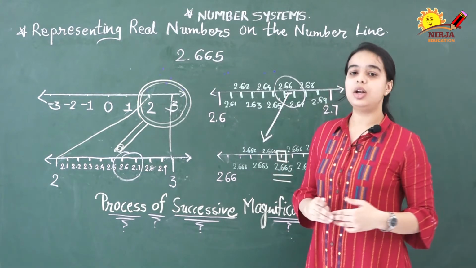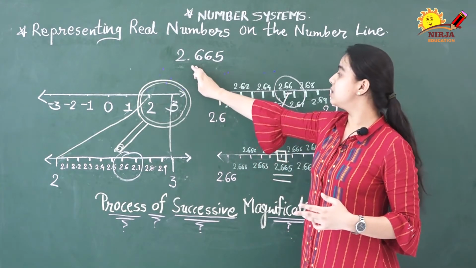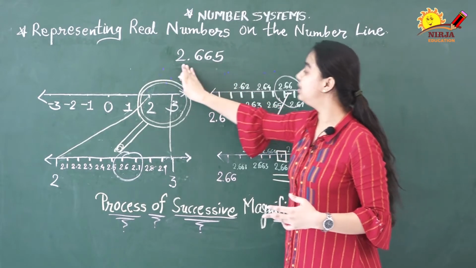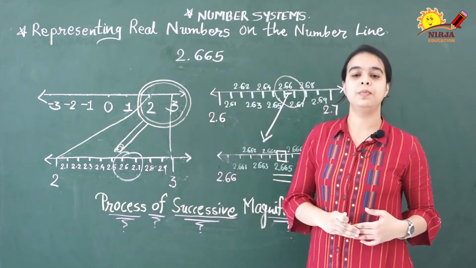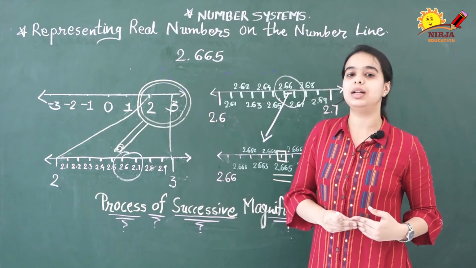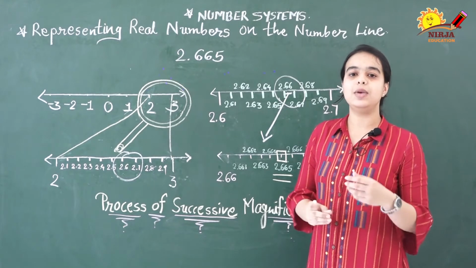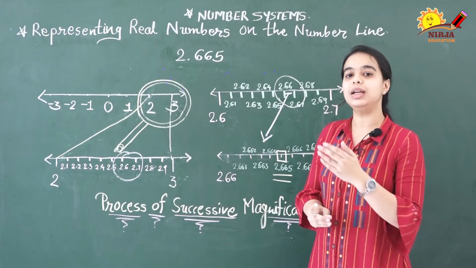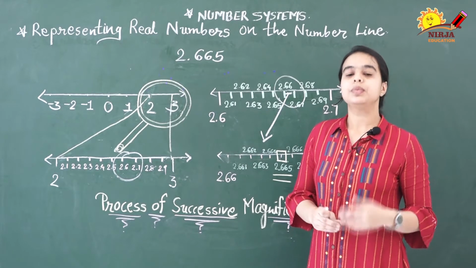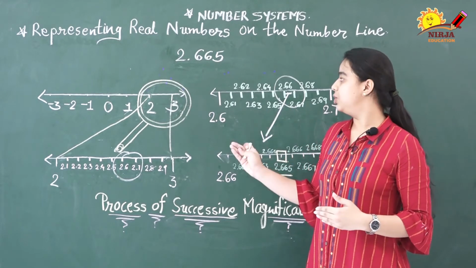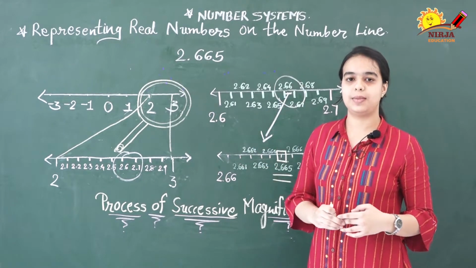Now we have talked about how to represent a real number with a terminating decimal expansion. How to locate a real number on the number line which has a non-terminating repeating decimal expansion, I am going to tell you in the next example.